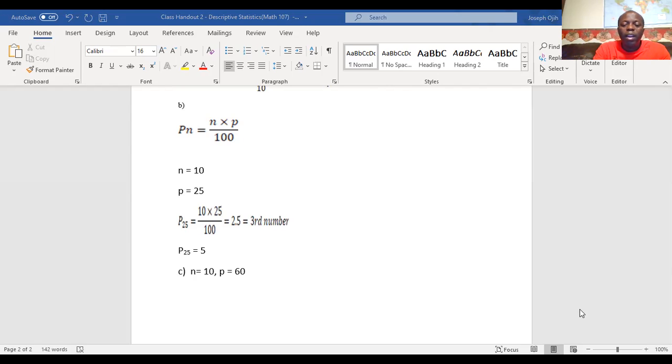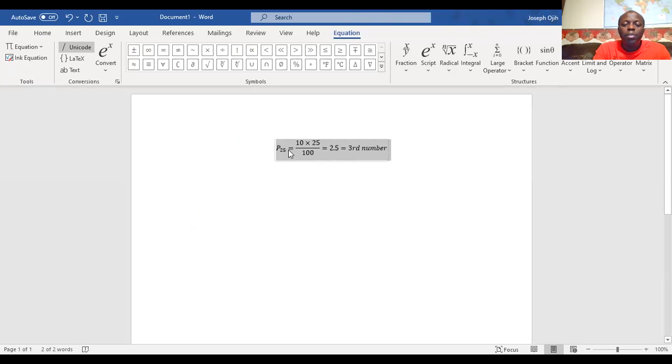So we have P 60th will be 10 times 60 divided by 100. Now we're going to do this on Desmos. 10 times 60 divided by 100.